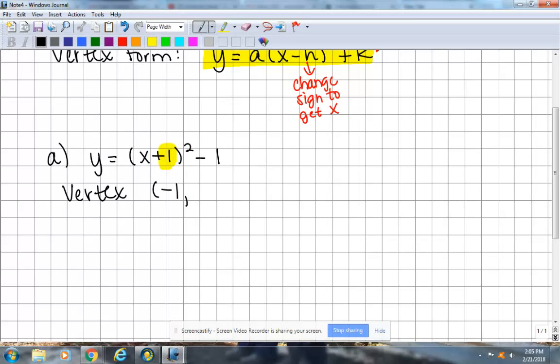That's your x value. Your y value is the same thing as that last number. So our y value is also negative 1. The one on the inside, you change it. The one on the outside, you keep it. Inside, you change. Outside, you keep it. Okay? And they're in order, x and y.